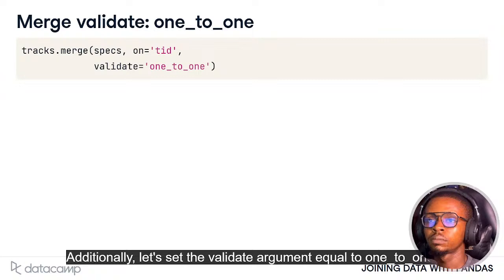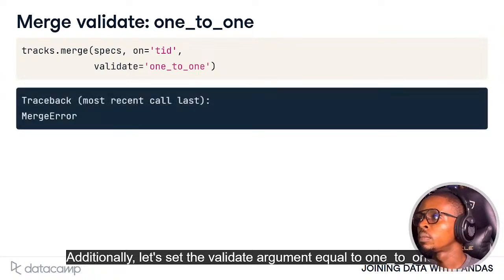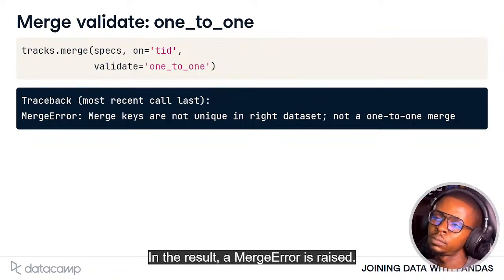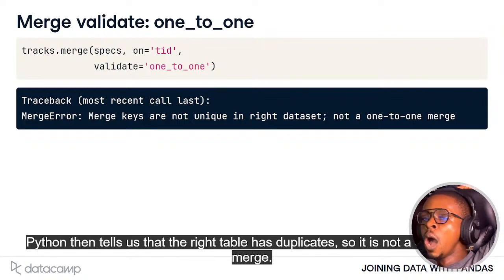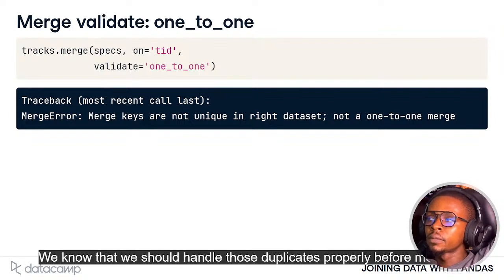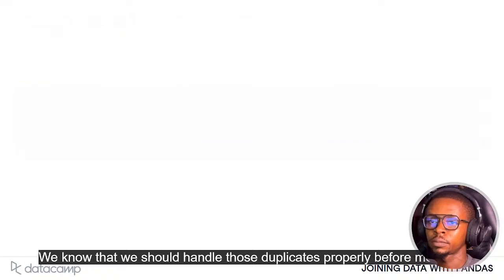Additionally, let's set the validate argument equal to one-to-one. In the result, a merge error is raised. Python tells us that the right table has duplicates, so it is not a one-to-one merge. We know that we should handle those duplicates properly before merging.